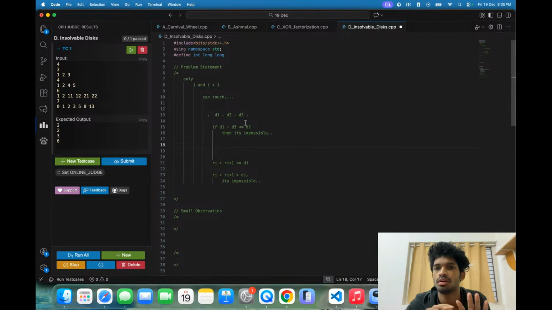Now what do? If all of them has touched, we'll try to increase this slowly, let's say. Okay, now increase this one slowly. Let's make all of them infinitesimally small. Now increase this one slowly until it touches this one.